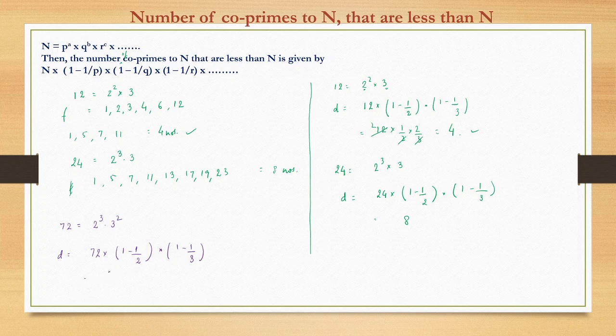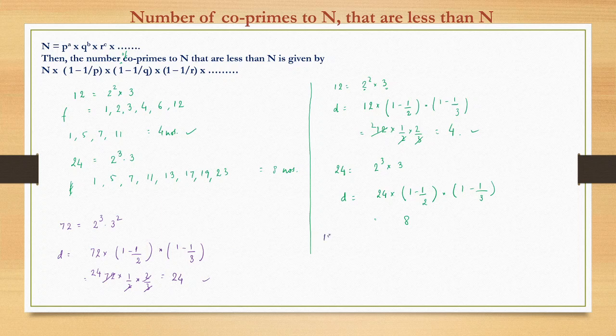So here it is 72 into half into 2 by 3. So there are 24 numbers less than 72 which are co-prime to 72. So very easily we can get that.